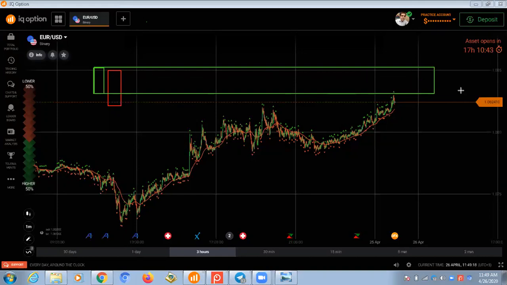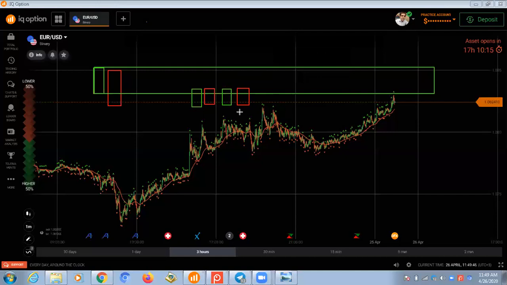Next, when price comes to this level, it makes a false breakout. When price comes to this level, we find the next move goes down. When price comes to this level again, the price goes down.